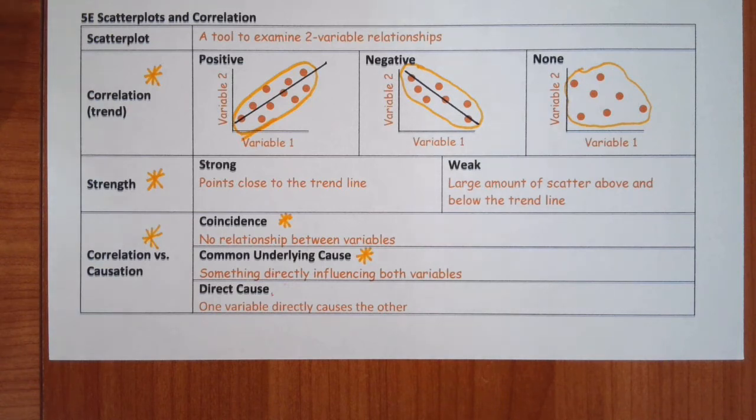Well, eating ice cream doesn't cause murder, but both of them are a result of the temperature. The higher the temperature, the higher the murder rate, and the higher the ice cream cone sales. So there is a common underlying cause.